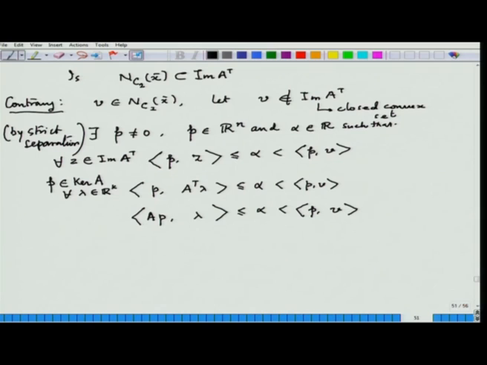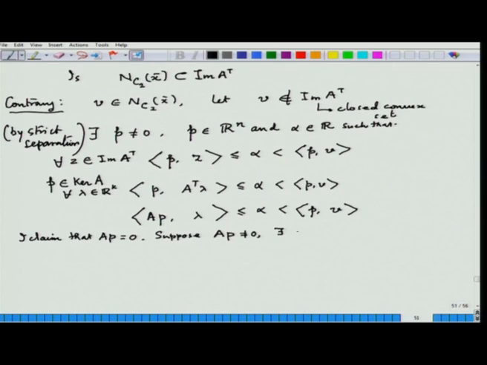Now, how do I claim that P is in the kernel of A? I claim AP is equal to 0. If I claim such a fact, then I need to prove it. Suppose AP is not equal to 0.